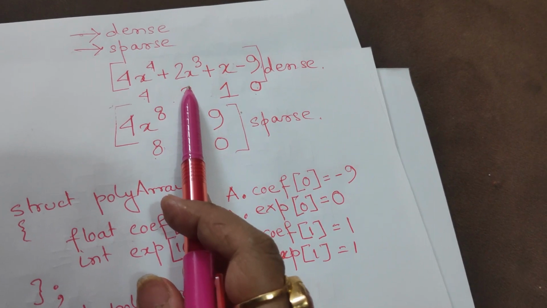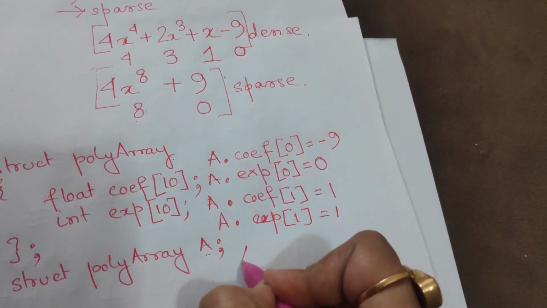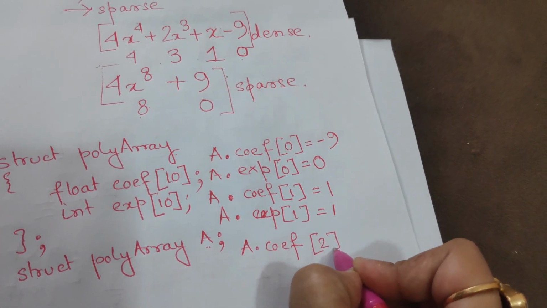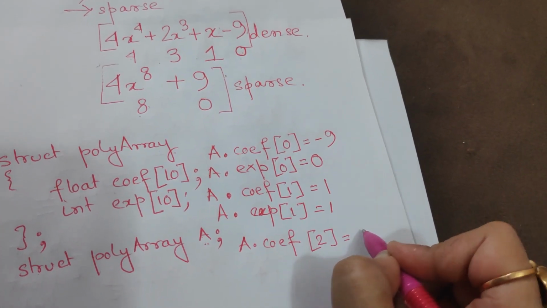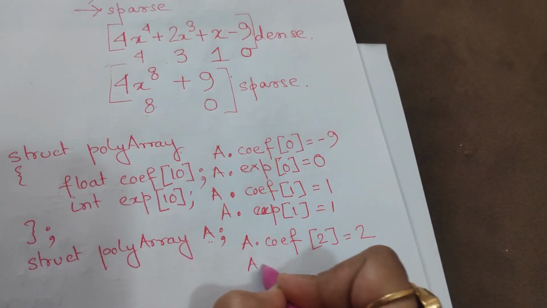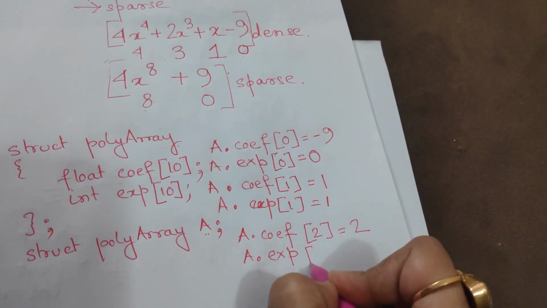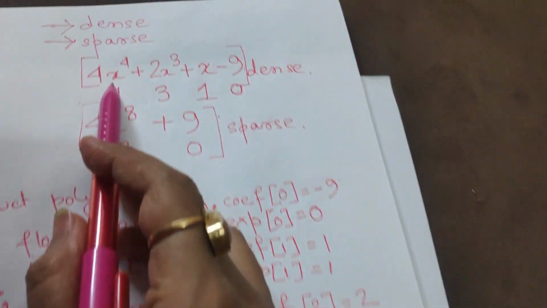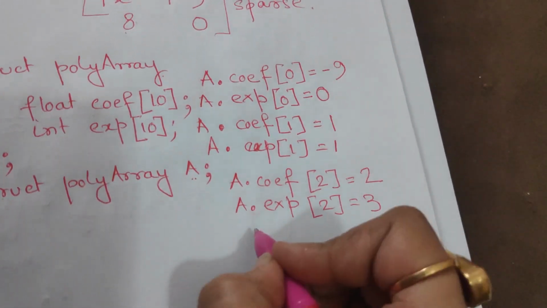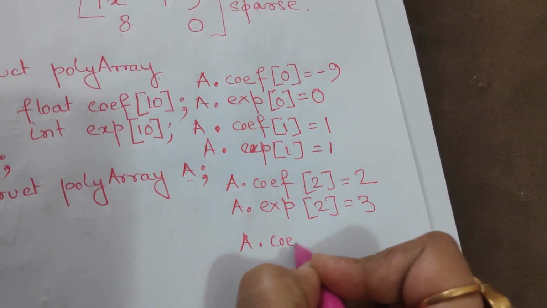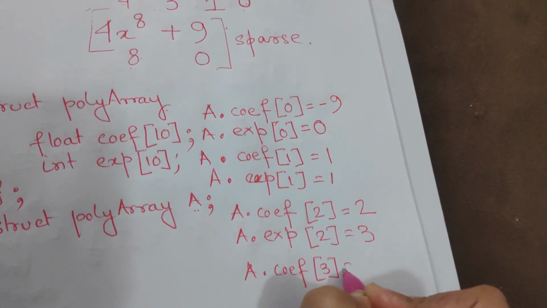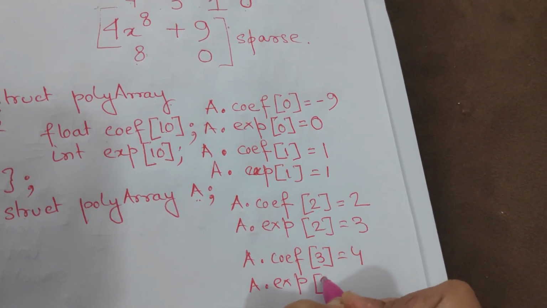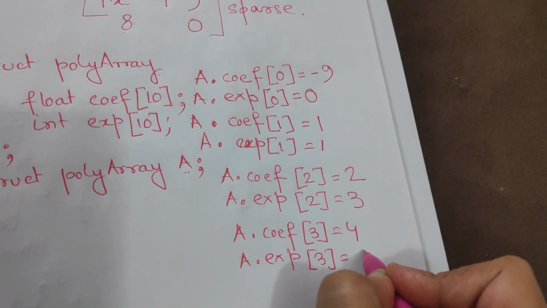Similarly, when we come to the third term, it will be represented as a dot coef 2 equals 2, a dot exp 2 equals 3. The fourth term will be represented as a dot coef 3 equals 4 and a dot exp 3 equals 4.